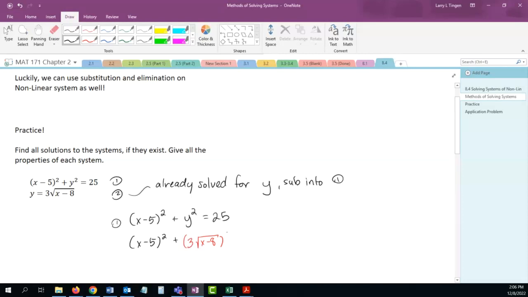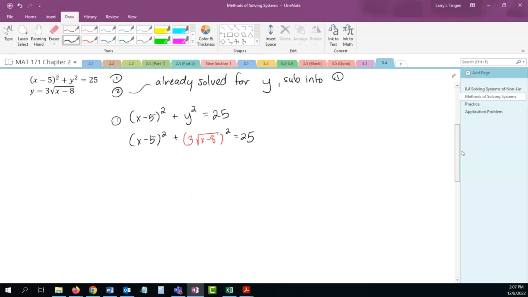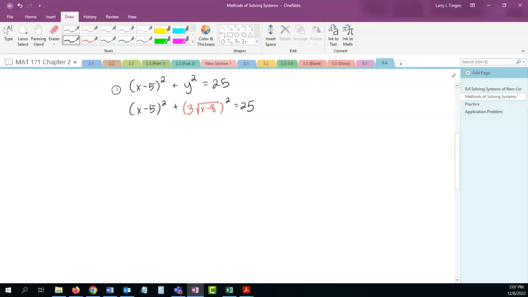And that's all because equation 2 is already solved for y. So now I have one equation, one variable, and then I can just dive right into this. (x - 5) squared is x squared minus 10x plus 25.